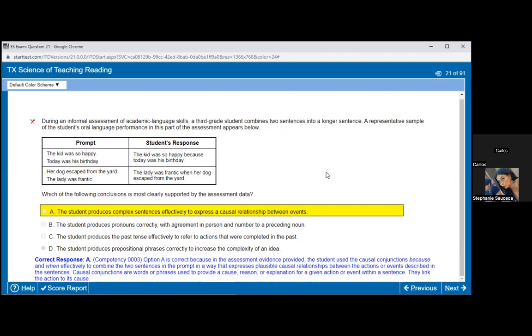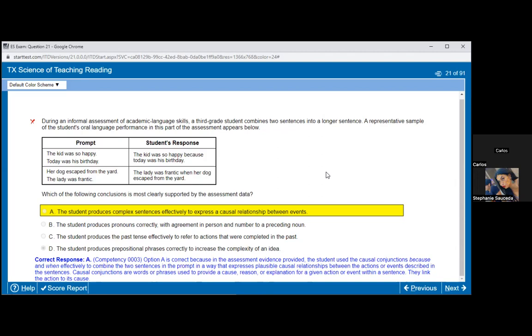The kid was so happy, today was his birthday. The kid was so happy because, so in fact, the student is changing it to a more complex sentence. And that's always the goal of sentence combining. It's not to change your pronouns or correct past tense, but it can be used to assess prepositional phrases.